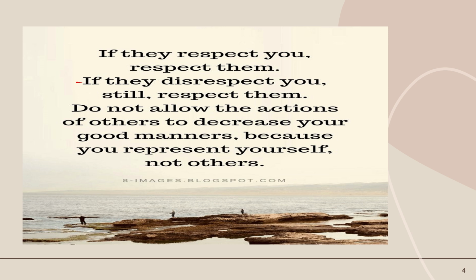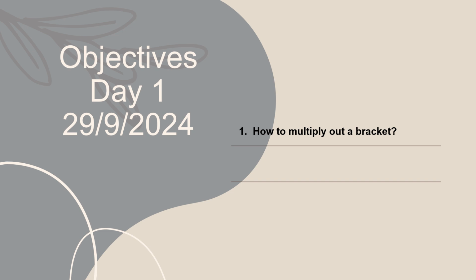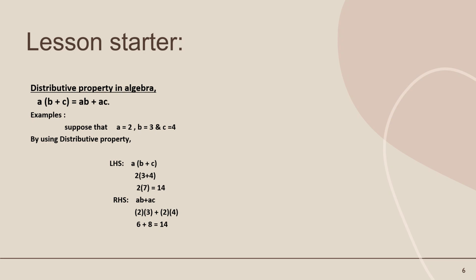Now this is the objective of the lesson: how to multiply out a bracket. This is a lesson starter. Here I use a property named the distributive property in algebra. I hope you know about algebra well.